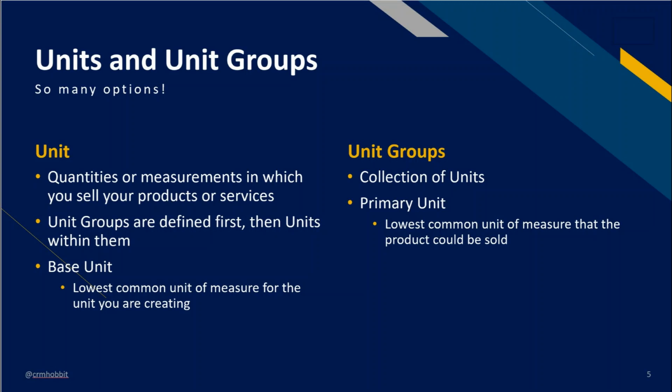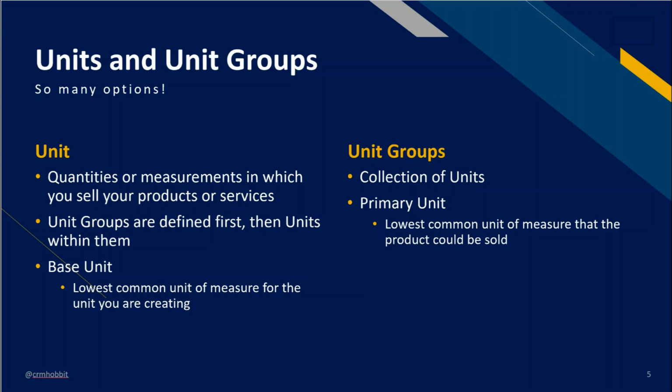Typically, unit groups are defined first, and then the units are defined with them. Your base unit is the lowest common unit of measure for the unit you're creating. So in the example I showed with the Funko Pops earlier, you could have a piece as the base unit, but a case could be a unit group.